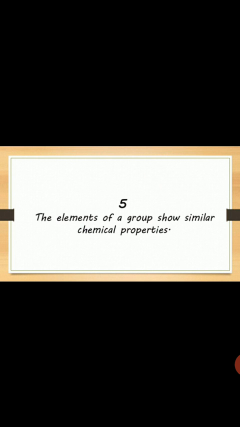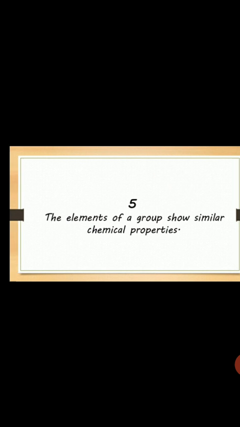Similarly, the alkaline earth metals, which have beryllium, magnesium, calcium, strontium, barium and radium, will have similar chemical properties. In the same way, the halogens, which include fluorine, chlorine, bromine, iodine and astatine, which belong to group 17, right, the halogen family, have similarity in their chemical properties.